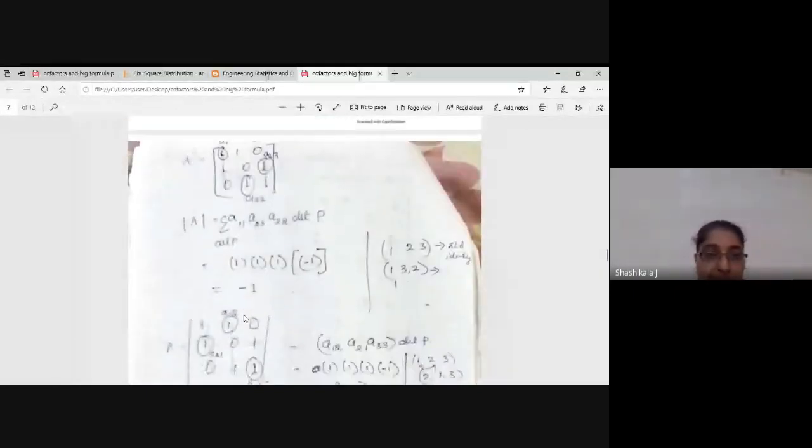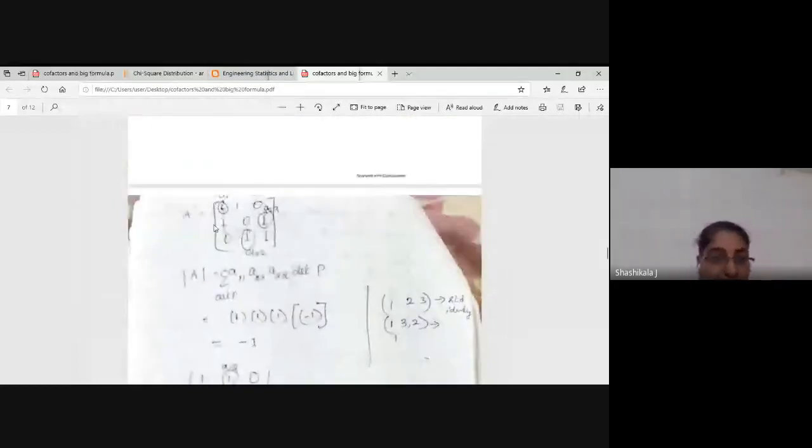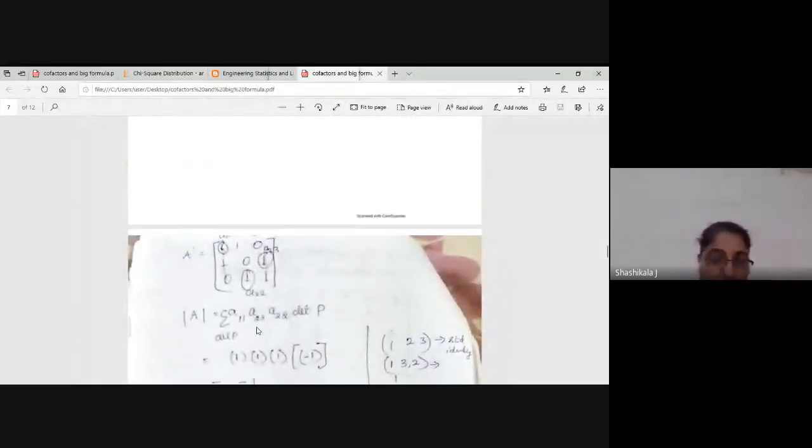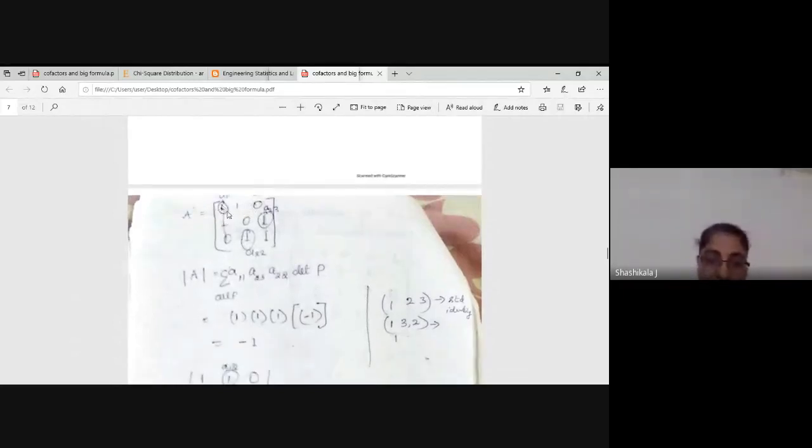Yes. Now, sigma into some columns u into determinant P, you know this formula. Okay. Now, first I will take this value. This is A11. If I take this, I can't take this and this column. So second one, obviously I have to go for A23.